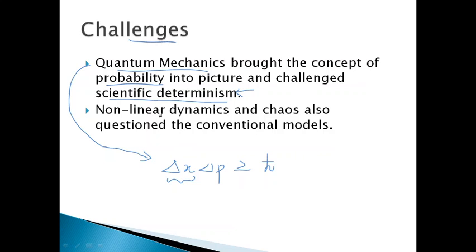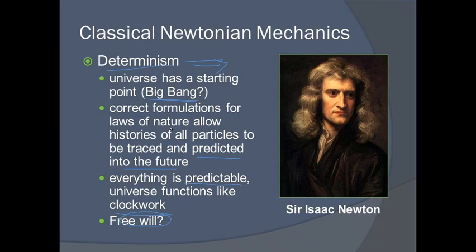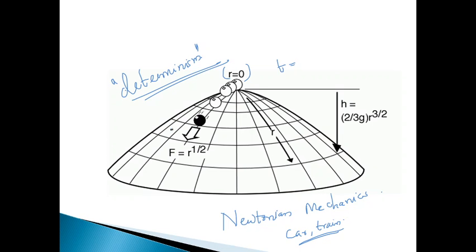Now in the case of other fields like nonlinear dynamics and chaos, these kinds of conventional models and determinism are being questioned. In the century when Newton developed these fields, many of the systems in the universe as well as many physical systems could be analyzed using these deterministic principles.